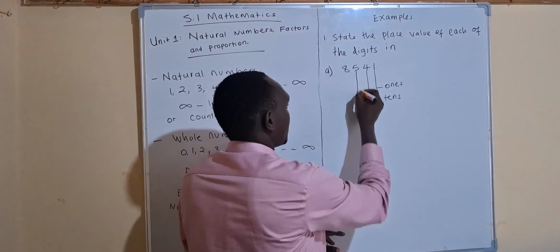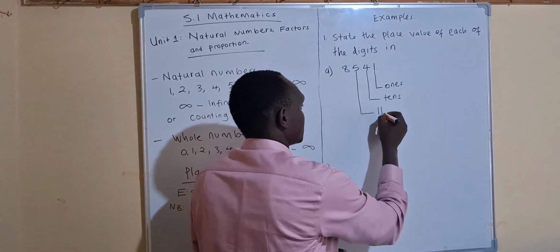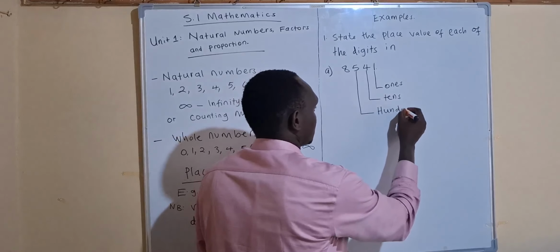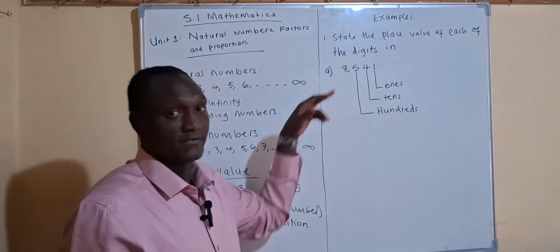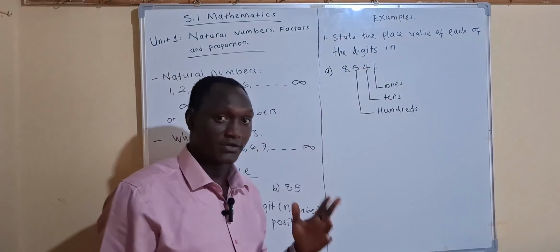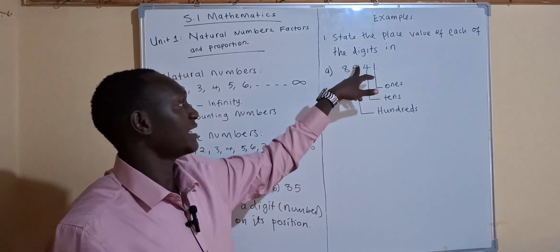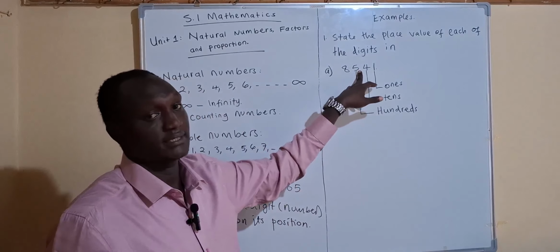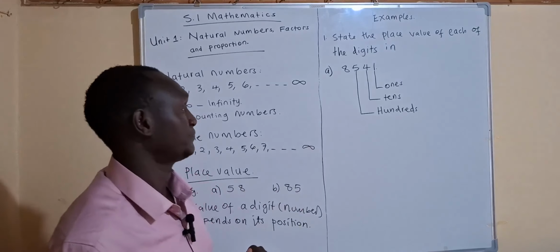Then we come to the next one here. This one is hundreds. The position where 5 is, is the position of hundreds. This means that hundreds are there in this number 5 times. There are 5 hundreds in that number.